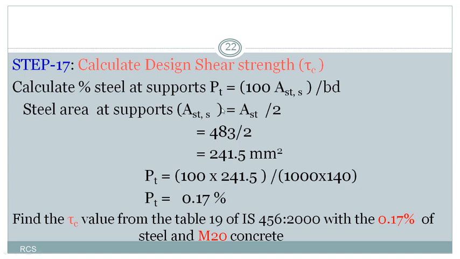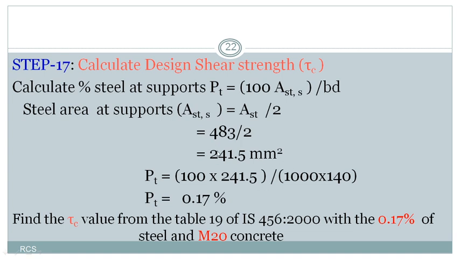The total area should be divided by 2 at the support. So the steel area at the support, ASTS, is half of the total steel area provided in the slab, that is AST by 2. That will be area of steel at the support, 241.5 mm square.